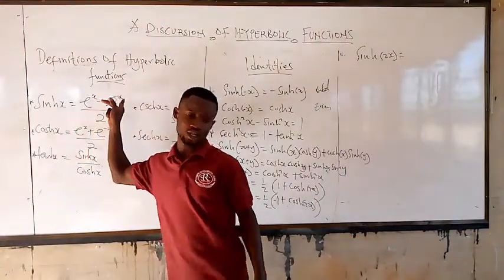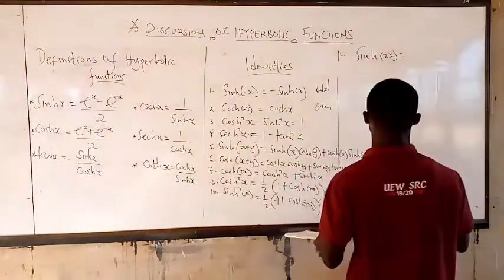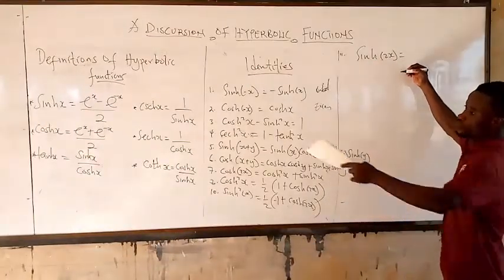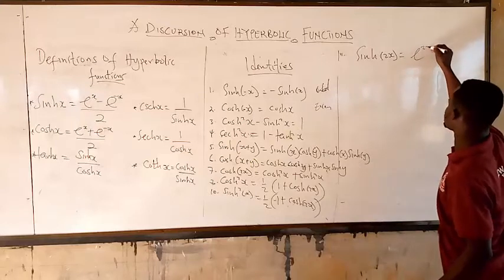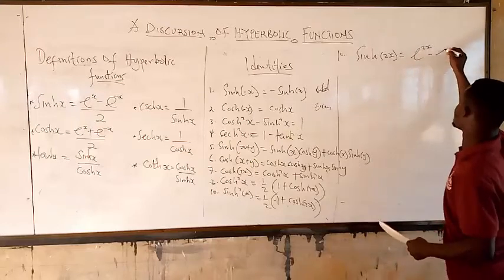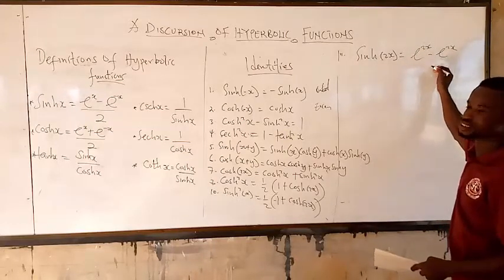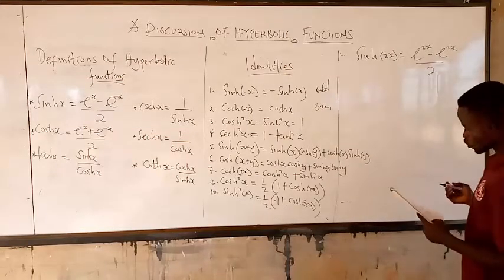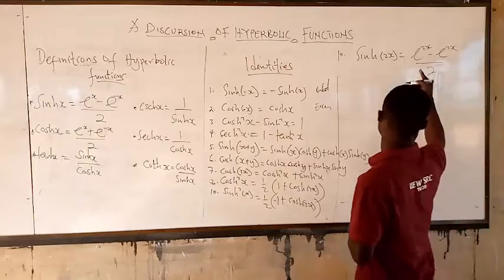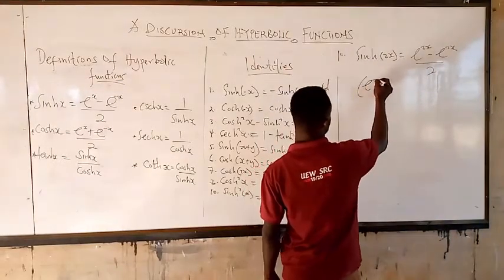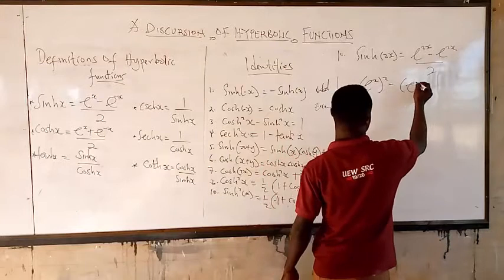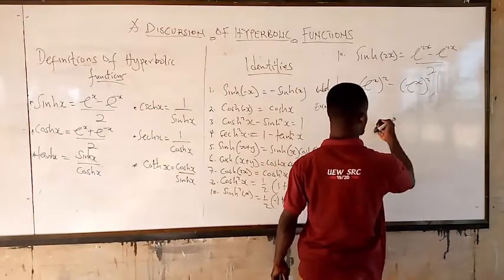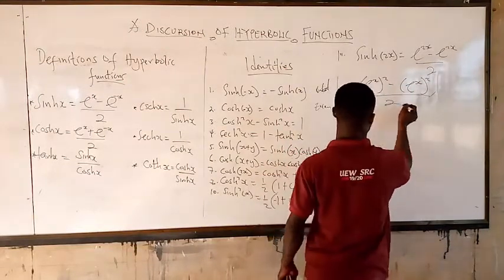Whenever you see s, you can see the s there. So with this, you can relate. Here you get e raised to the power 2s minus e raised to the power negative 2s, all this over 2.